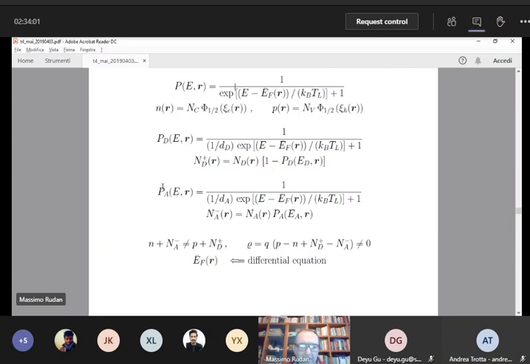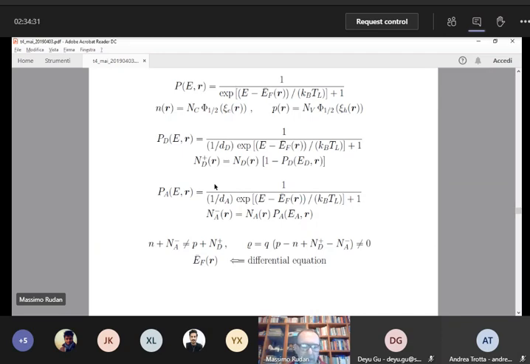Finally, the concentration of the ionized acceptors, NA minus, will depend on position, because both the coefficient NA depends on position, but also because the statistics depends on position. So formally, nothing changes. We simply have dependencies on position everywhere in the equations, okay?